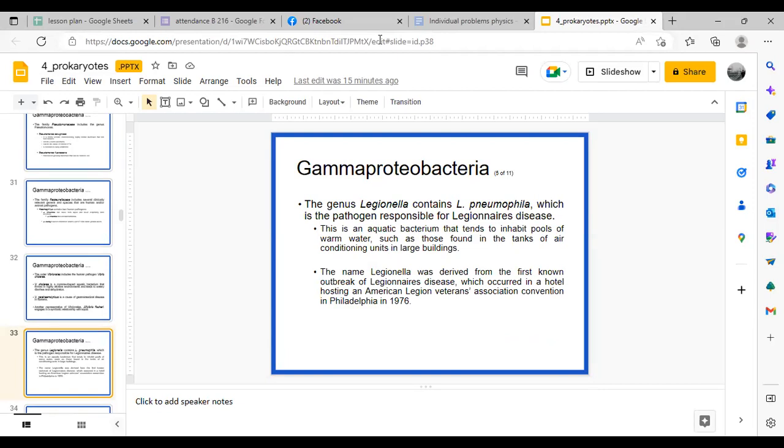So this lives in the water and yung mga air conditioning units, no? So kaya importante yung malinis yung air conditioning units mo. Kasi if it lives in warm water, then it is breeding ground for that bacteria. So yun, this is associated with Legionnaires' disease. So it's like pneumonia. It attacks the lungs.